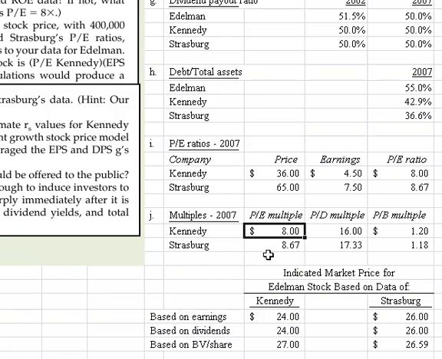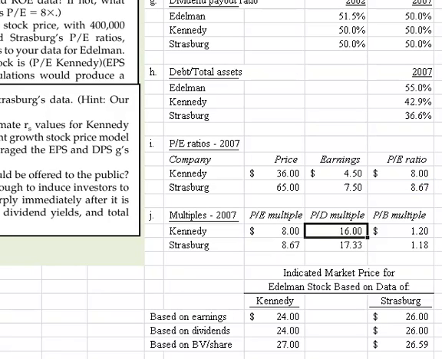Okay, and we've already computed the PE multiple for Kennedy and Strasberg earlier. In fact, that came from N68 right there. Okay, and Strasberg's comes from cell N69, which again is right there.